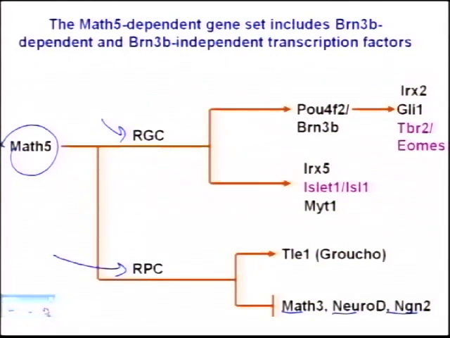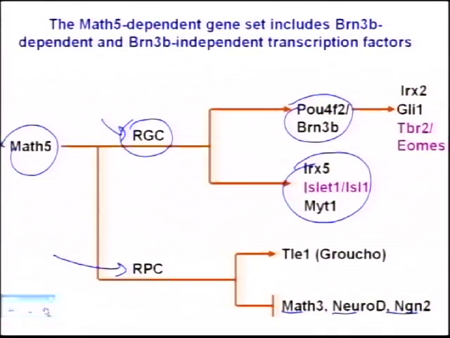But what I am going to emphasize is MATH5 is involved in, as I've told you now several times, the formation of the ganglion cells. And it branches into two pathways. One is the Pou4f2/Brn3b pathway, and one is what we're predicting, a separate pathway, where it turns on transcription factors that are in parallel to the Brn3b transcription factor. And we're going to talk about this one in purple, Islet-1, in a minute.